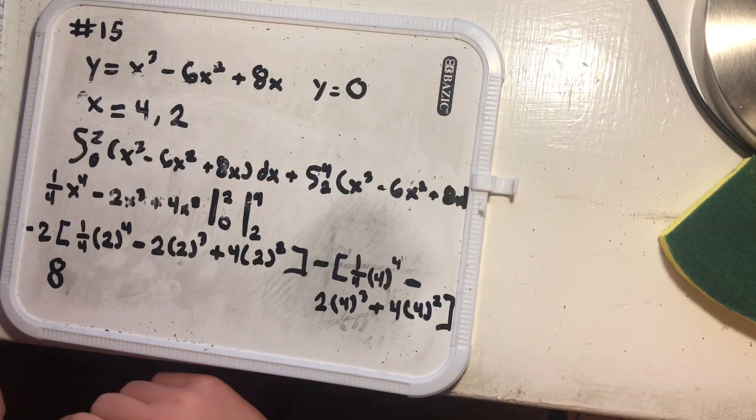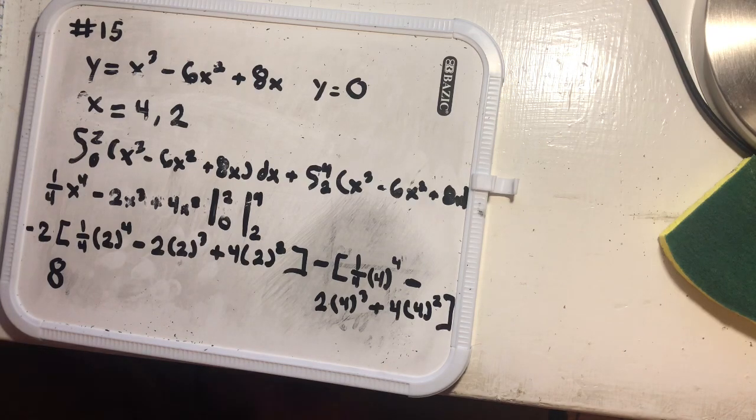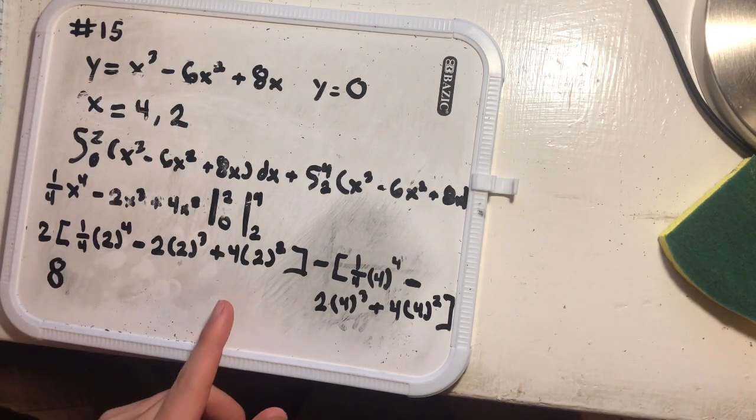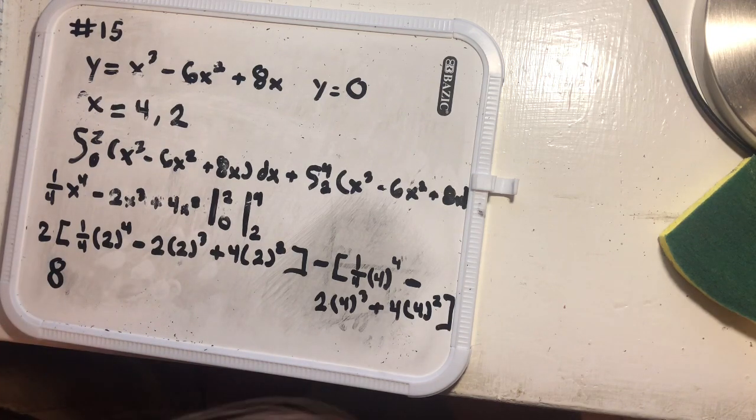And then your second equation, oh wait, hold on. There's actually no negative there. My mistake. Anyways, I may have just screwed this whole thing, but it's okay. This is going to solve out to 8.